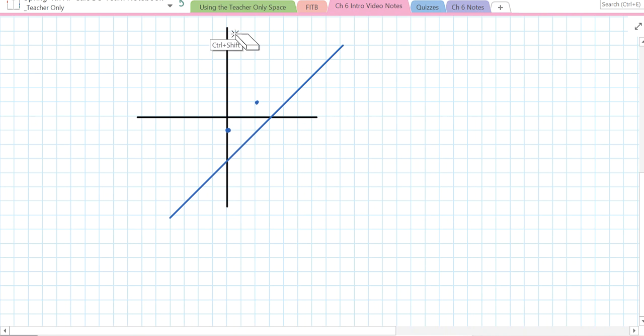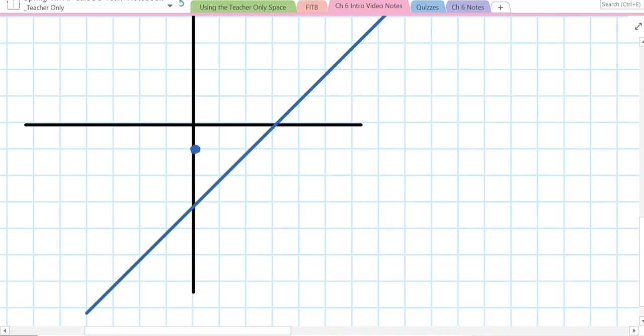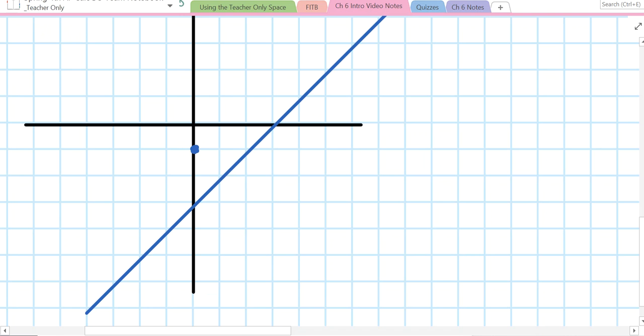Undo. Let's erase this one. We won't worry about that other one. I'll do it again. There we go.